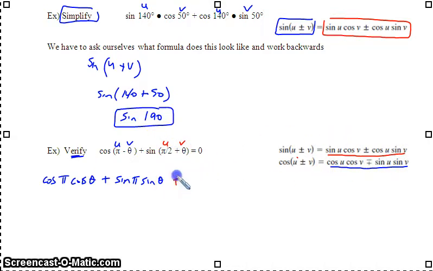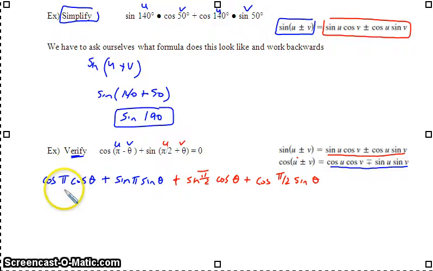So to that I will add the sine of u, cosine of v, and then there's a plus here, so the plus is the top sign, so I use the plus because that's the formula. Cosine of pi over 2, sine of theta.